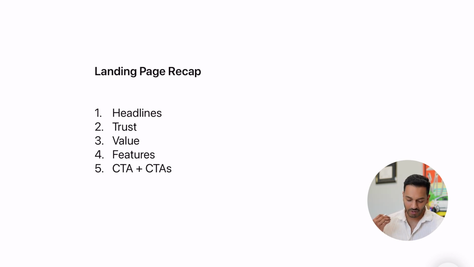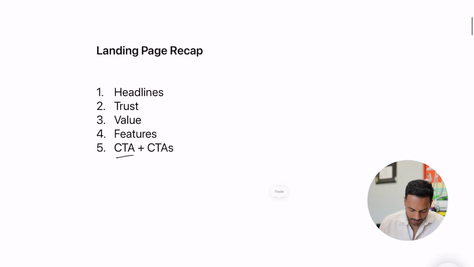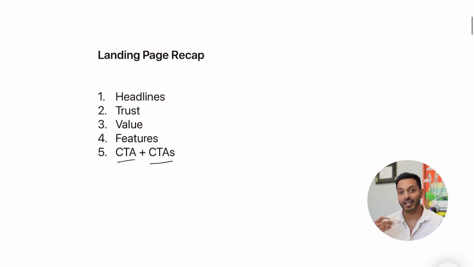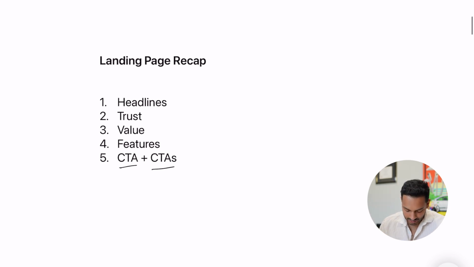Along with that, there needs to be a reason for your landing page, and that's why we have CTAs, calls to action, at the end, so you can capture low intent folks and high intent folks that are willing to book a demo. So when it comes to headlines, make sure these are strong and they address any pain points that your prospects might have.